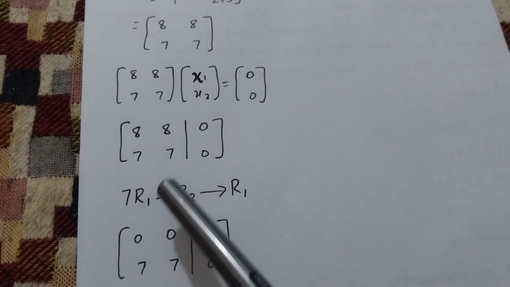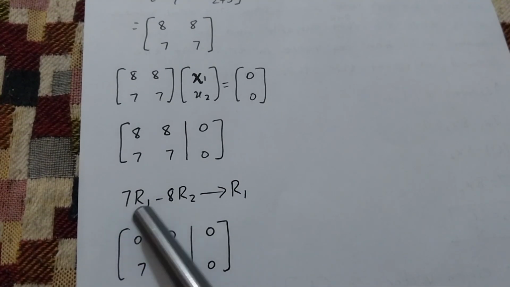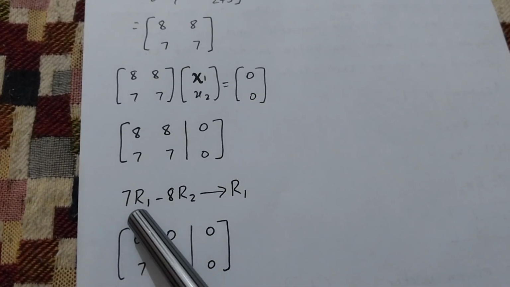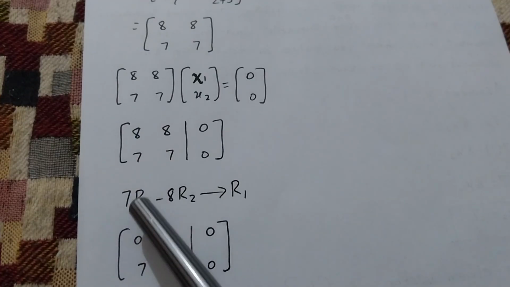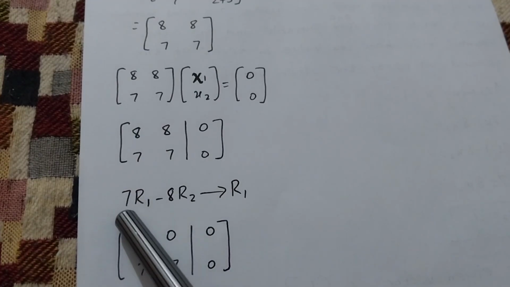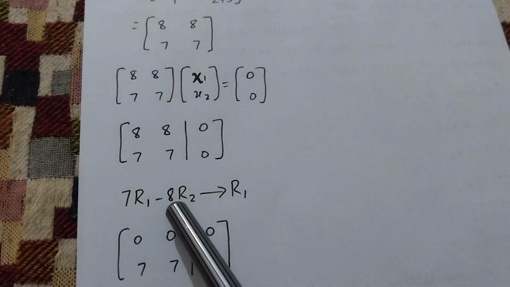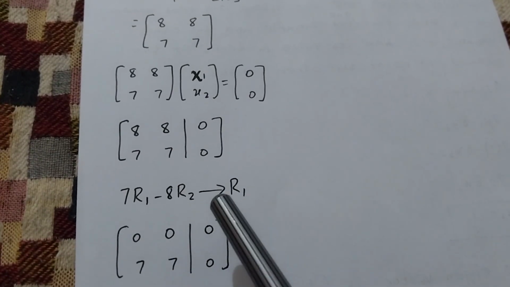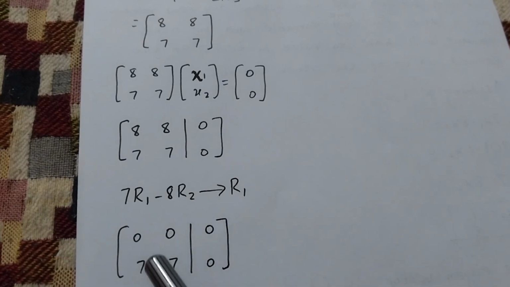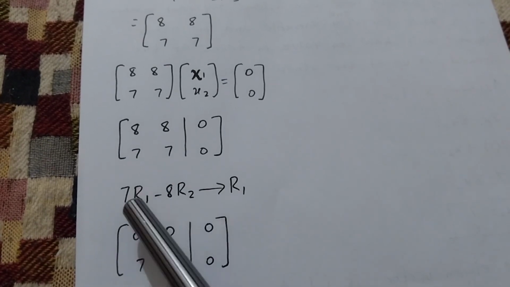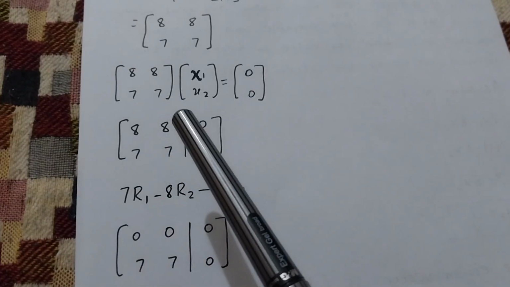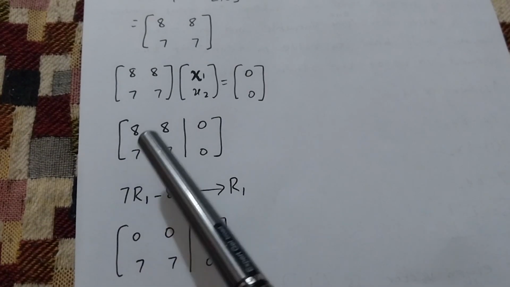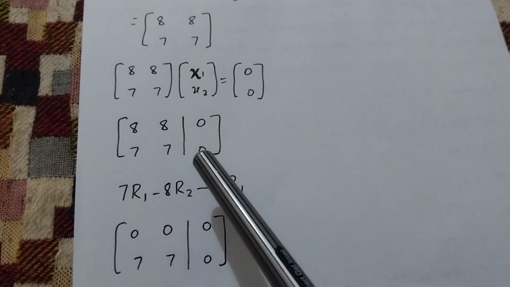So we'll do row reduction: if we multiply the first row with 7 and the second row with 8, and we subtract those two, we get a change in row 1, and we get a 0 row. So 7R1 means 7 into 8, which is 56, minus 8 into R2, which is 8 into 7. So 56 minus 56 is 0.